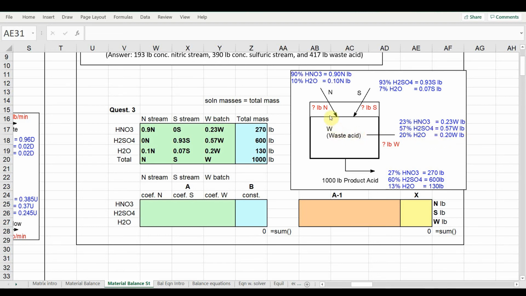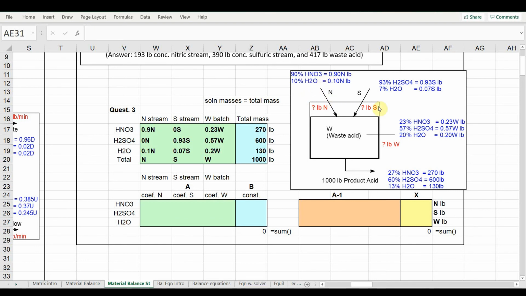The nitric acid stream that's being added, we need to know the amount of that, so that's another variable N. It's 90% nitric, so I'll write the nitric acid content as 0.90 times N pounds of nitric acid. And the balance then is 10% water, so 0.1 times N is the pounds of water delivered from this nitric acid stream.